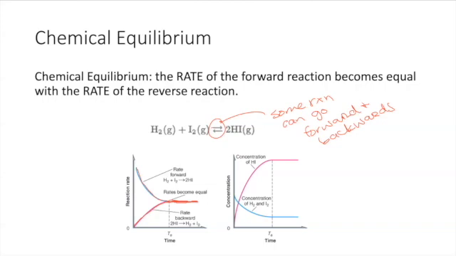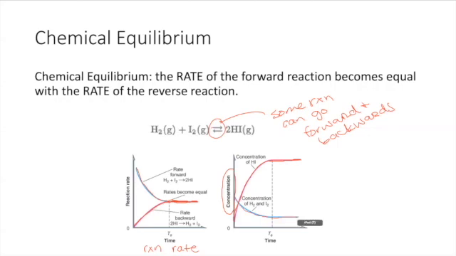Now, I want to reiterate that this doesn't necessarily mean that the concentrations are the same, just that the reaction rate is the same. Here's a graph depicting chemical equilibrium, but showing concentration on the y-axis. Maybe, again, this pink being the backwards reaction, we end up at a really high concentration of HI, where the forward reaction slowly decreases concentration.